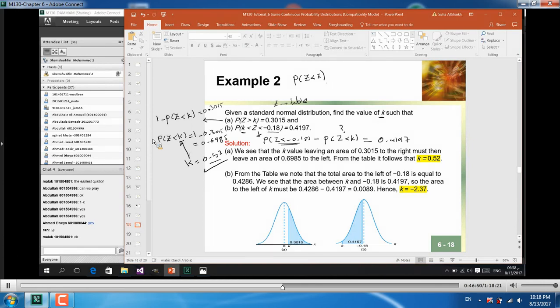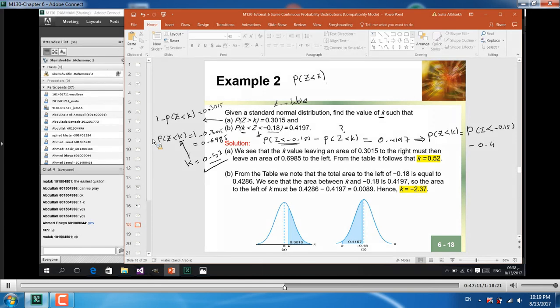So I can get that the probability of z less than k is nothing but the probability of z less than minus 0.18 minus the number they gave me, 0.4197.